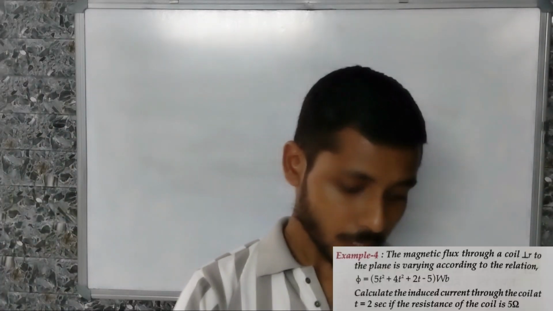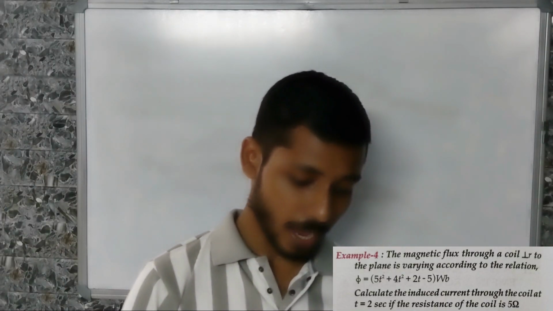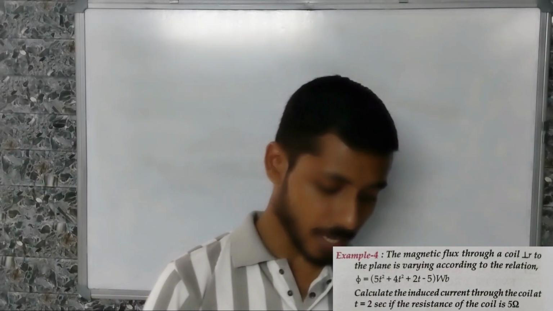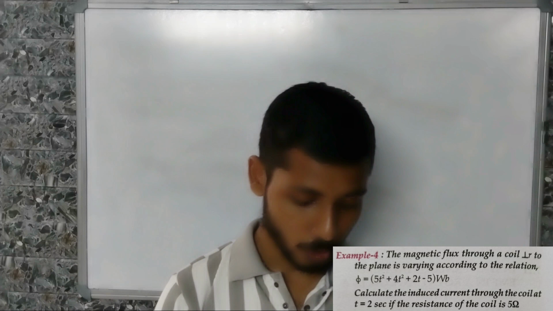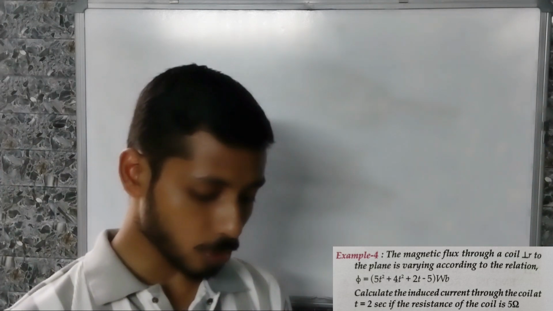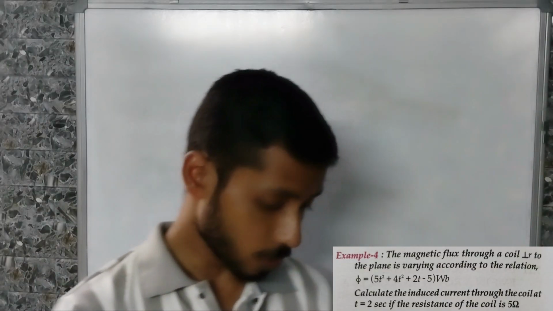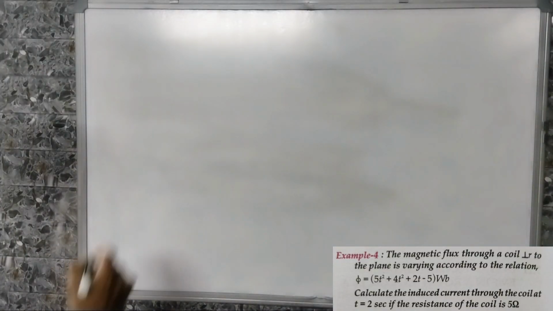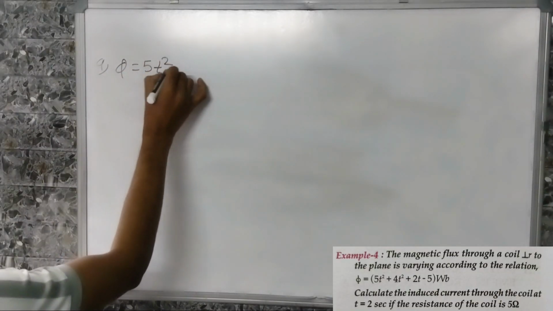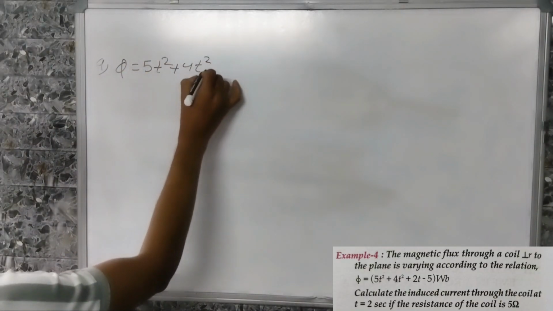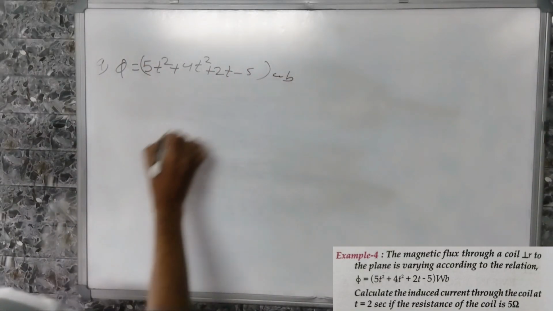Question number 9. The magnetic flux through a coil perpendicular to the plane is varying according to the relation phi is equal to 5t cube plus 4t square plus 2t minus 5 weber. Calculate the induced current through the coil at t is equal to 2 seconds if the resistance of the coil is 5 ohm. तो ठीक है, it gives phi is 5t cube plus 4t square plus 2t minus 5 weber.